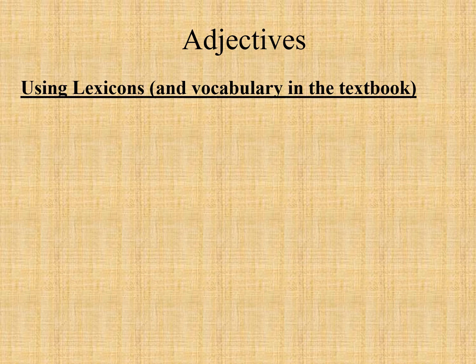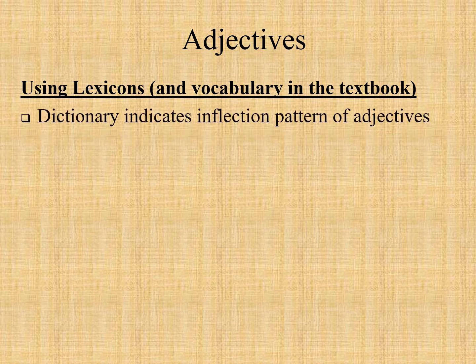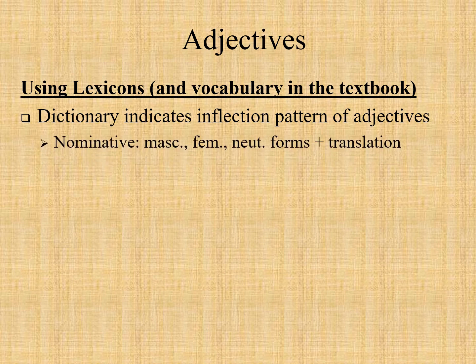So we looked at earlier already how to use lexicons and your textbook vocabulary. So a dictionary indicates inflection patterns of adjectives. A dictionary would give you a nominative form, masculine, feminine, neuter forms, and then it would give you a translation.